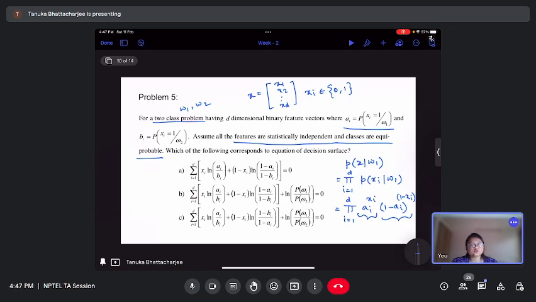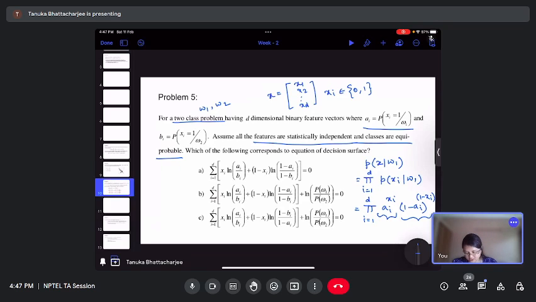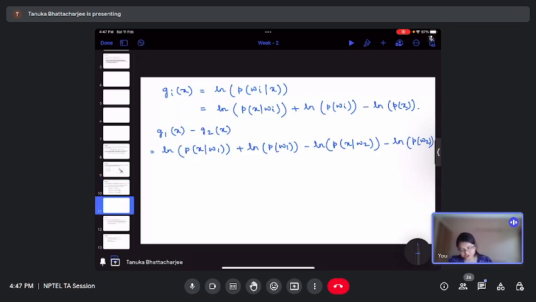Now, we simply need to put this expression in our decision surface equation. So this will become ln of the class conditional density; I will write the other class conditional density just after this.